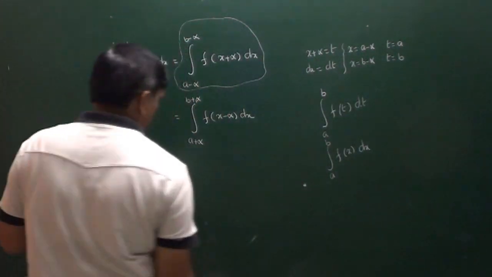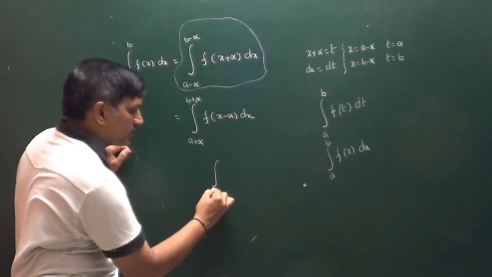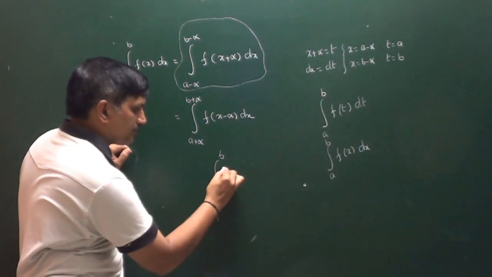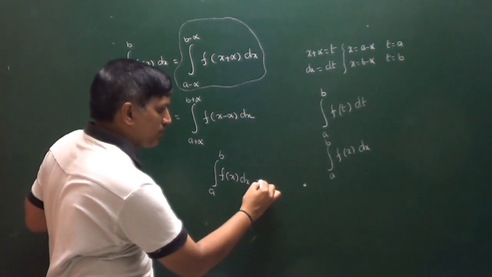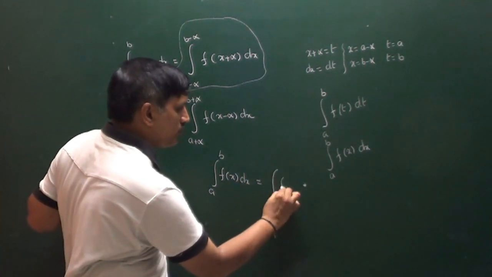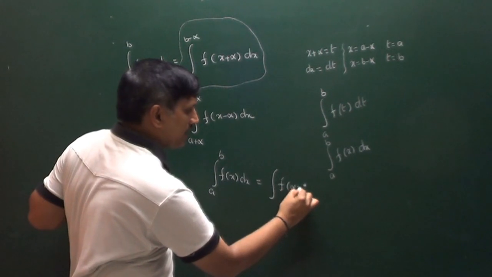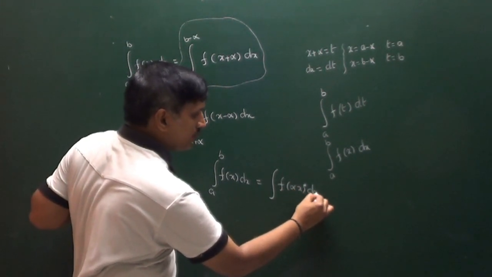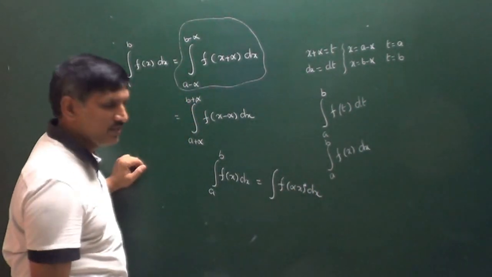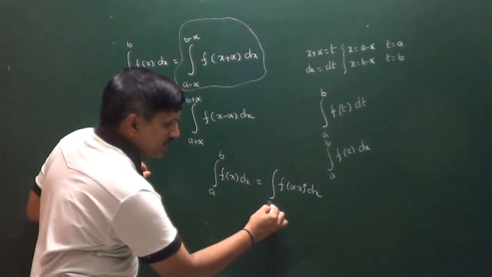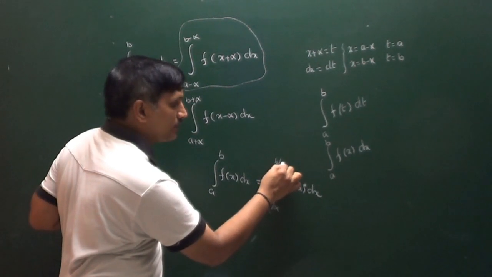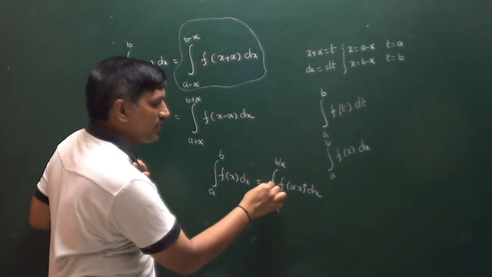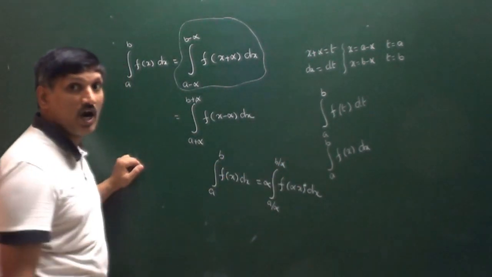Suppose we have another one. In a similar way, integral a to b f of x dx is equal to integral of f of alpha x dx. Can anyone predict the limits? We can write the limits as a by alpha to b by alpha, and the extra thing is that we have to multiply with alpha.